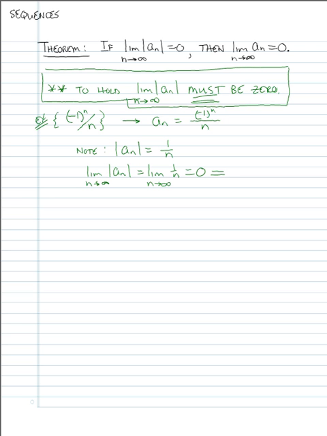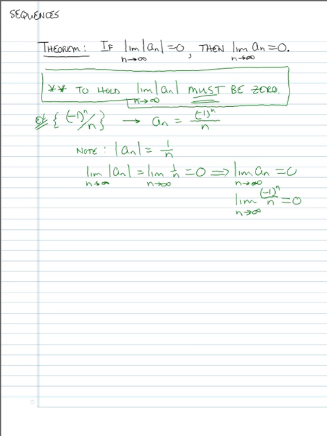So therefore we can conclude that the limit of a sub n is equal to 0 as n approaches infinity. And of course the a sub n was -1 to the power n divided by n, so we know that limit is also equal to 0.